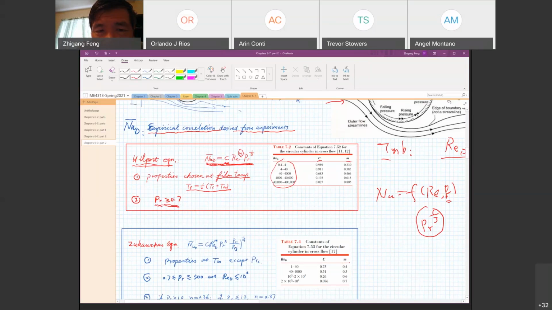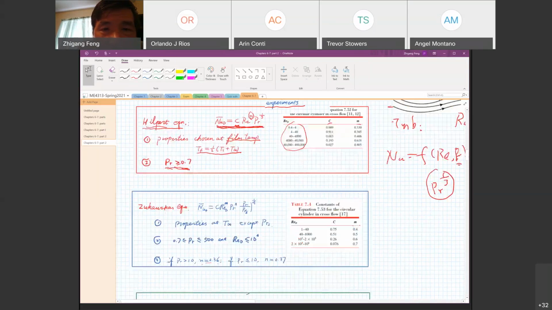So if you don't have another choice, you may still use this correlation in case you have a fluid with a Prandtl number lower than 0.7. So that's the first correlation.